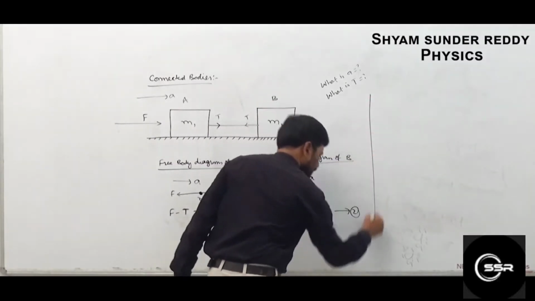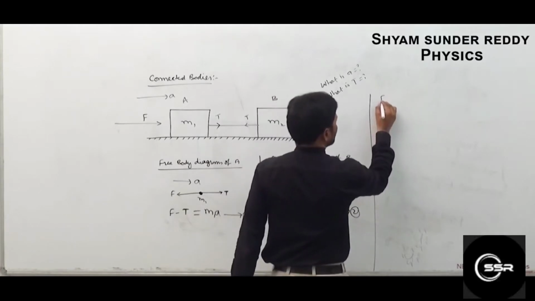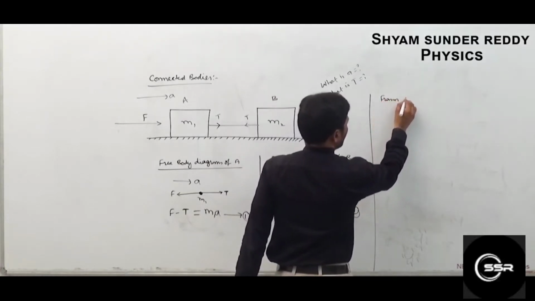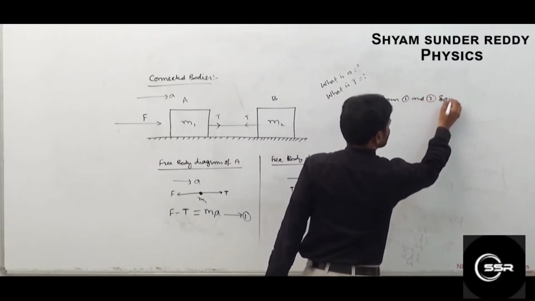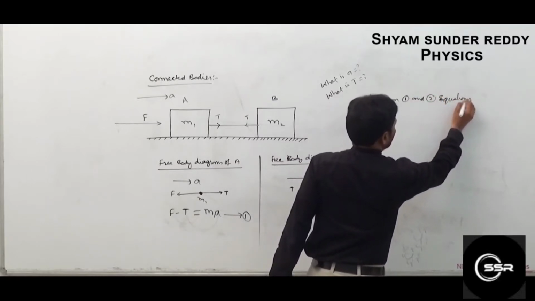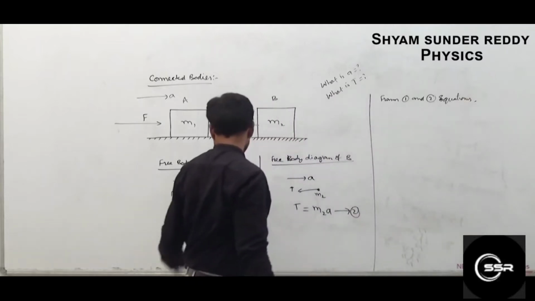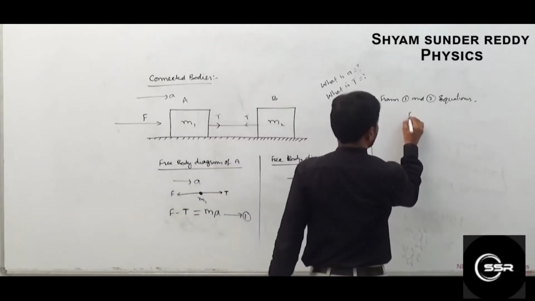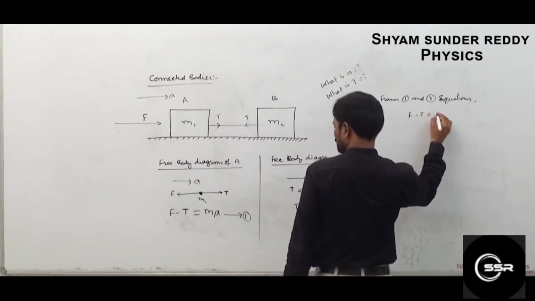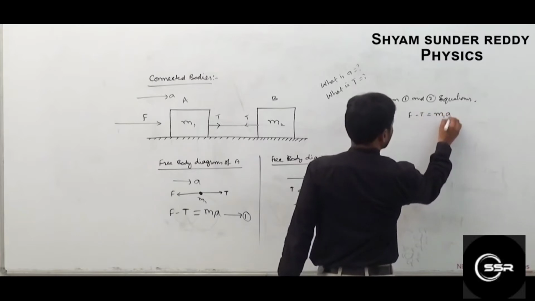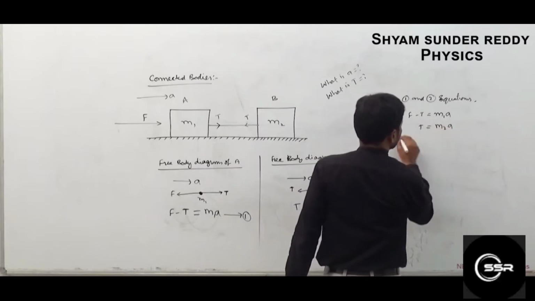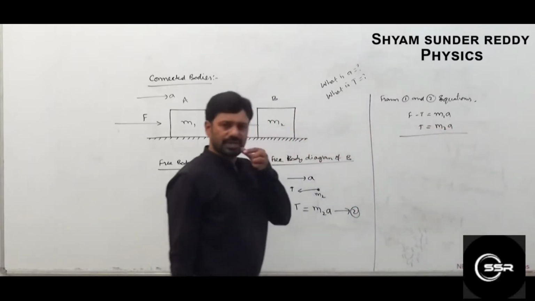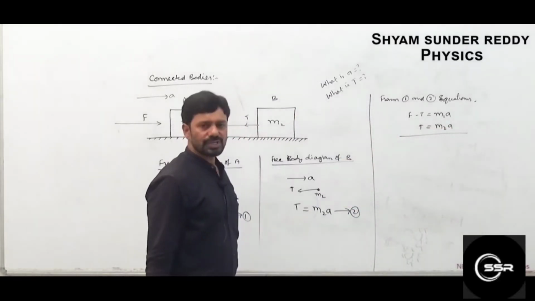Easy. From equations 1 and 2 we get F minus T is equal to m1a and T is equal to m2a.